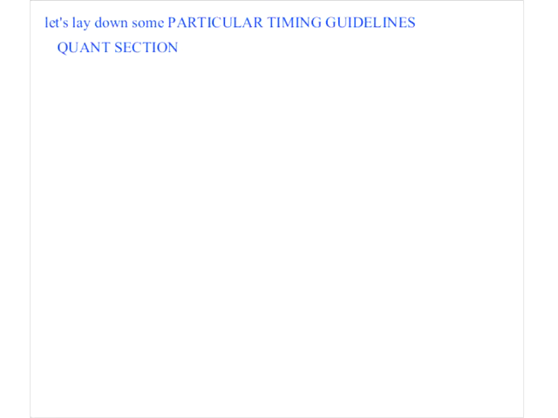Who knows? Probably most of you know. What's the average time for a problem on the quant section? Go ahead and indicate the text box. Yeah, it's almost a perfect 2 minutes. So in the quant section, the average time per problem is 2 minutes.